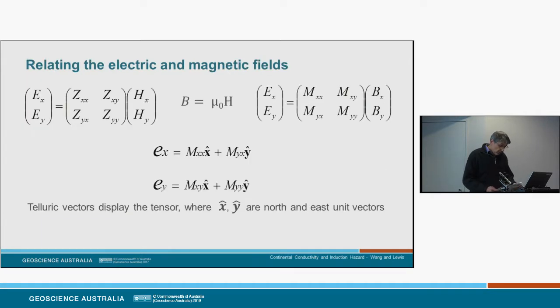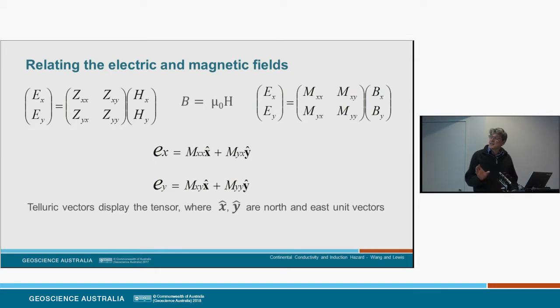So to address the geophysical step, we need to understand the relationship between the magnetic and the electric fields and the earth conductivity. In the frequency domain, the electric field E, which is measured in volts per metre, is related to the magnetic field H, amps per metre, by the magneto-telluric impedance tensor, the Z matrix there, and that's measured in electrical resistance, ohms.